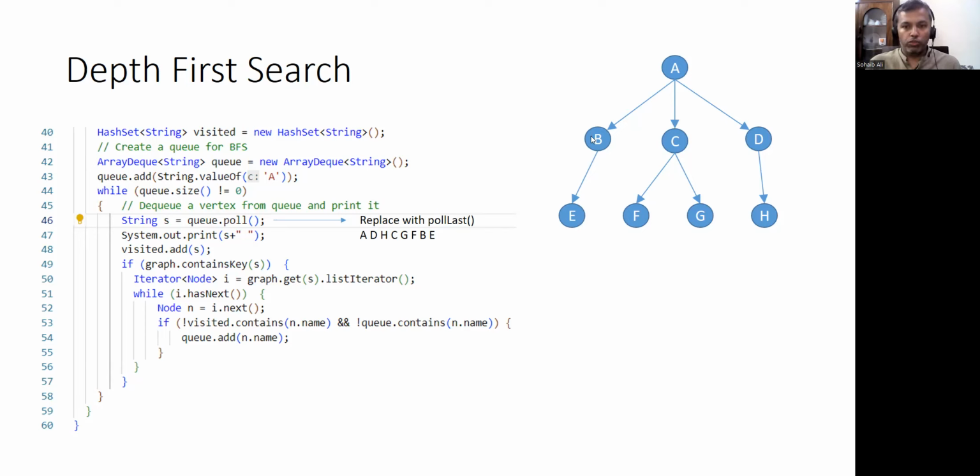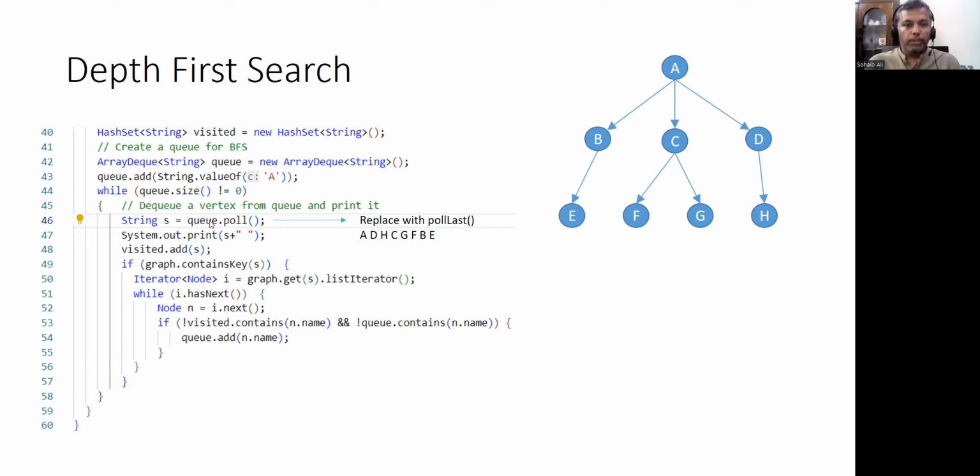I'm going to pick and choose one of my children, and then explore the children of my child first, and so on and so forth. So I'm going to traverse in depth first before going to the breadth.